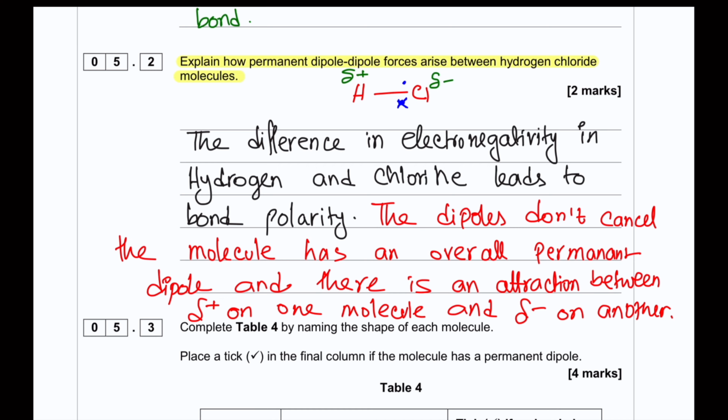And these polar bonds, the dipoles that it makes, don't cancel out. The molecule has an overall permanent dipole, and there is an attraction between partially positive on one molecule and partially negative on another molecule, which gives rise to the dipole-dipole forces between hydrogen chloride.